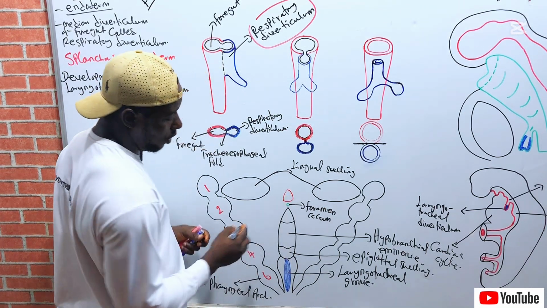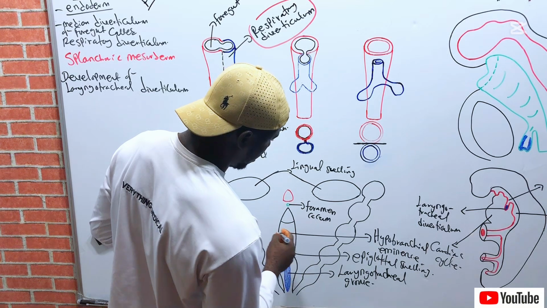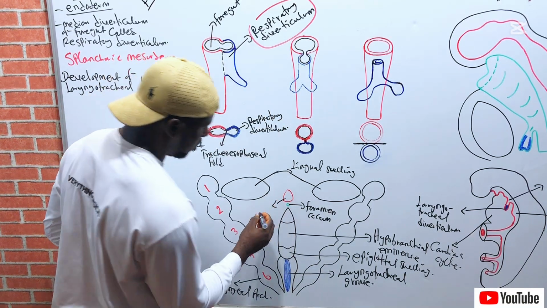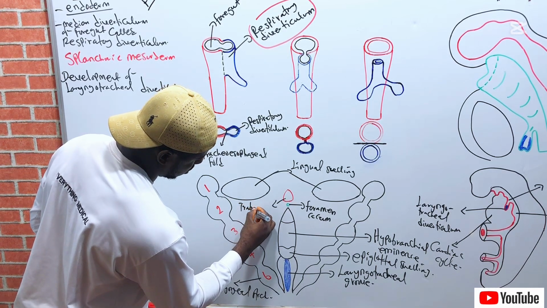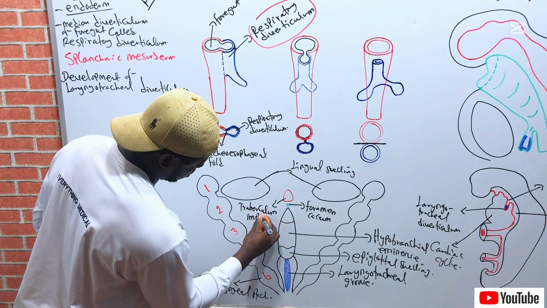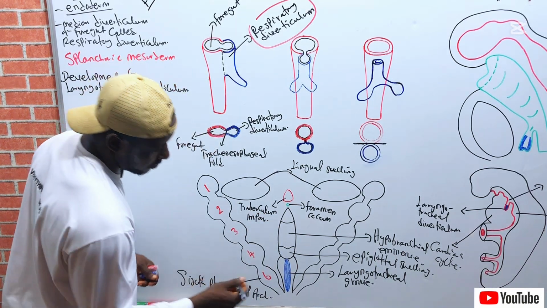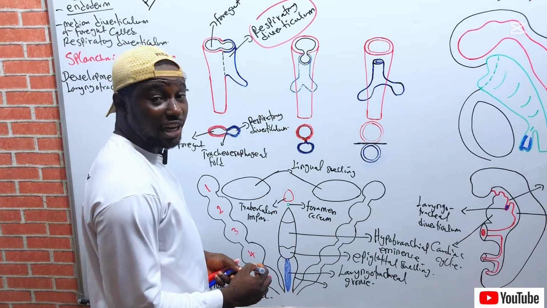This is what we call trabeculum impar. There is a swelling here called arytenoid swelling.